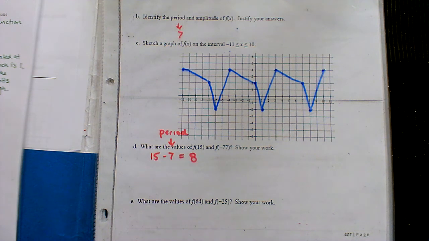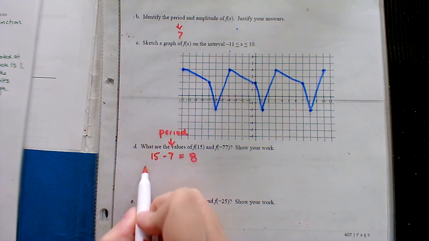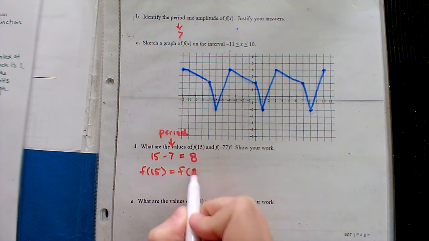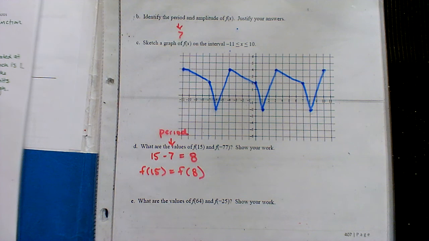Remember, coterminal are angles that land in the same spot. You could probably think about these as coterminal points. They are different x values, but the y values are the same. The y values land at the same height. So we could say that f of 15 is exactly the same as f of 8.